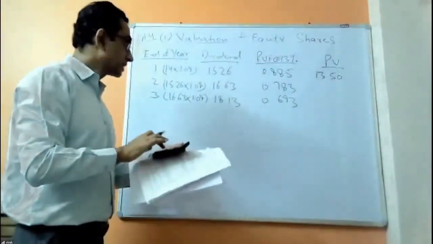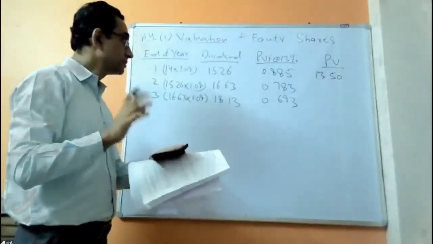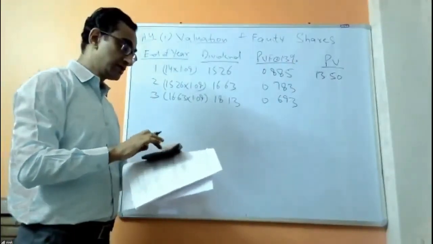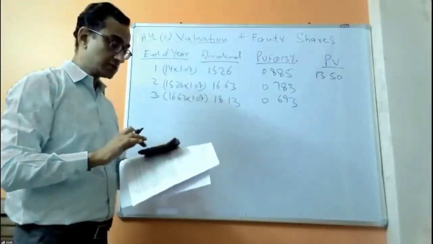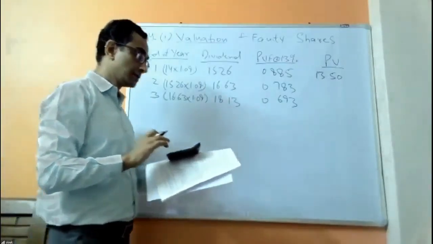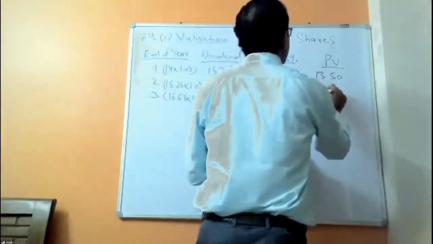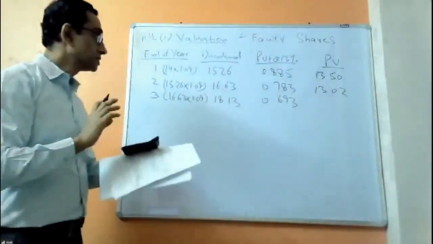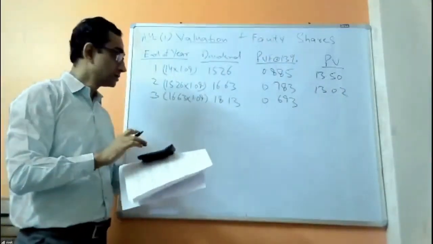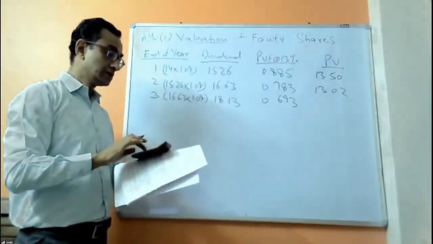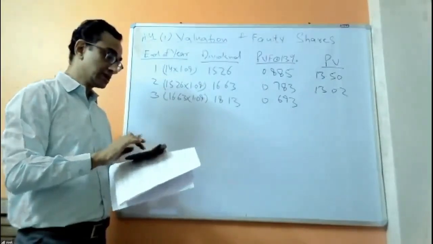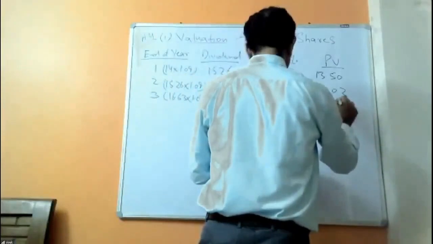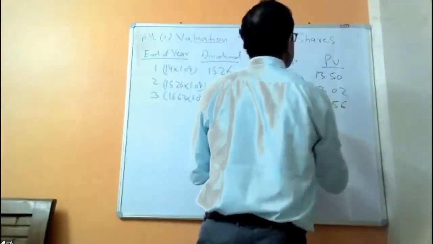Then dividend at the end of second year, 16.63, will be multiplied by the present value factor, 0.783. That is 13.02. Again, dividend at the end of the third year will be multiplied by the present value factor, 18.13 multiplied by 0.693 is 12.56.